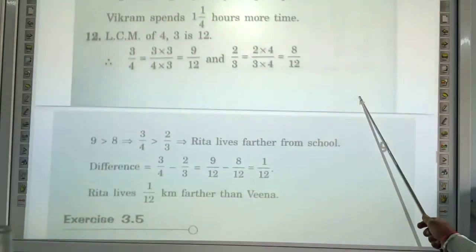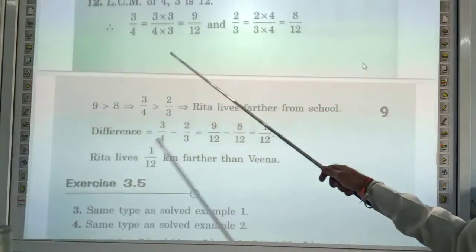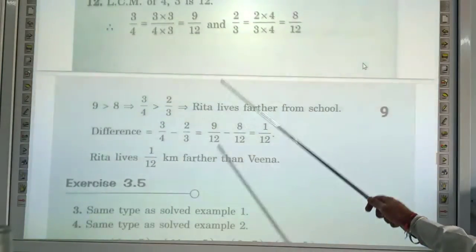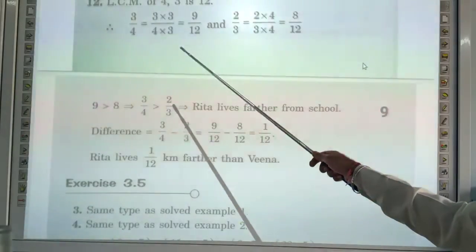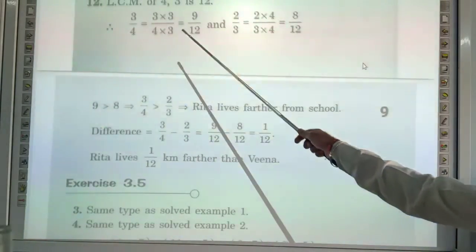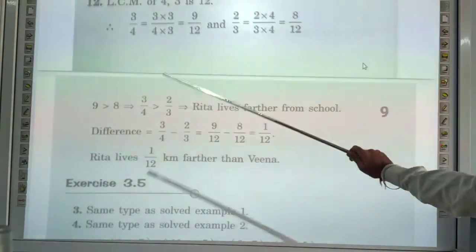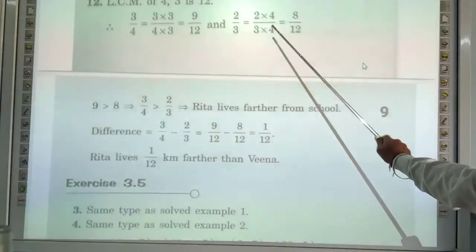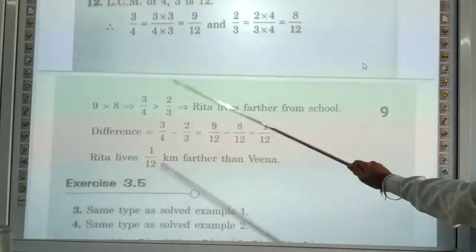Moving to question number 12. Here the LCM of 4 and 3 is 12 and it is converted into equivalent fractions. Here both are multiplied by 3 to obtain 12 in the denominator. Here both are multiplied by 4 to obtain the denominator 12, which is the LCM.